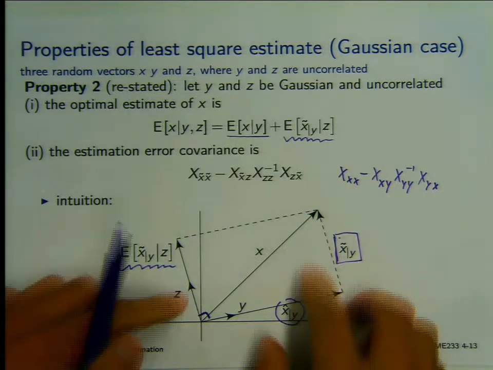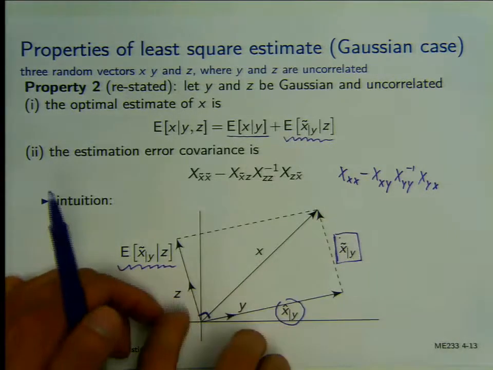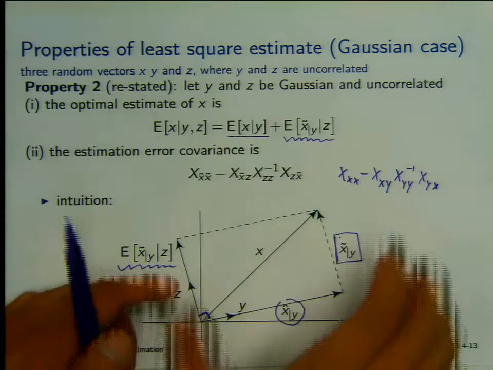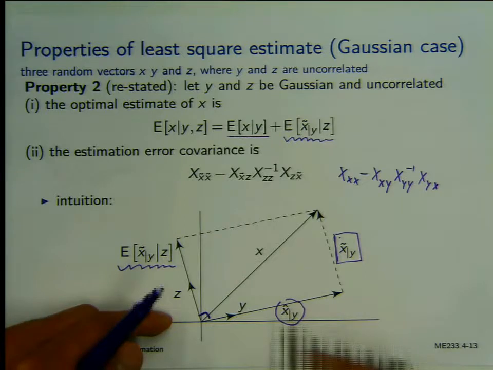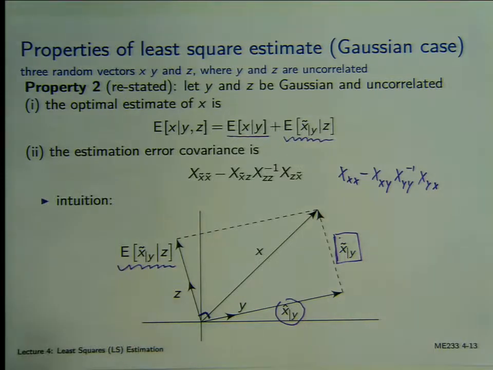So if everything is deterministic, if everything is perfect vectors, then this holds obviously. The only thing is I regard this as an intuition picture. It's not the exact picture because x and y, they are random vectors. But if it's random, we cannot perfectly know the value. We can best estimate it if it's random.